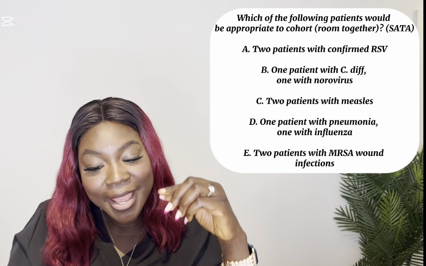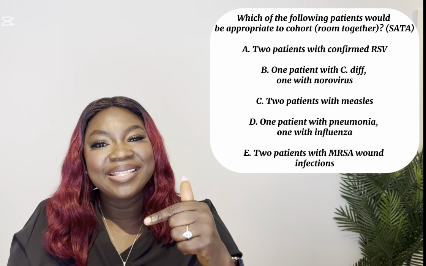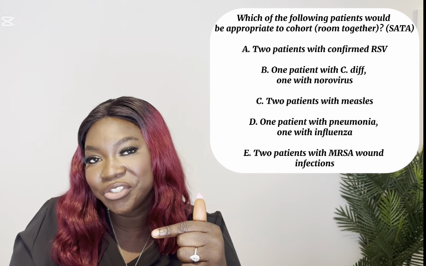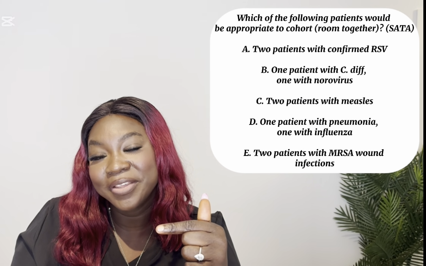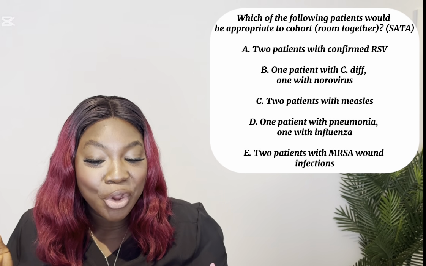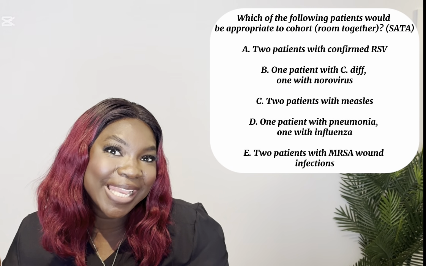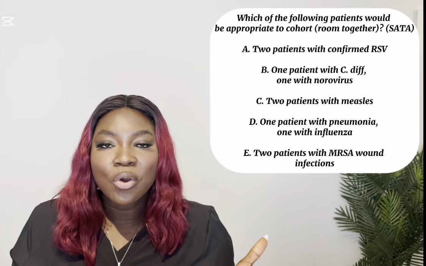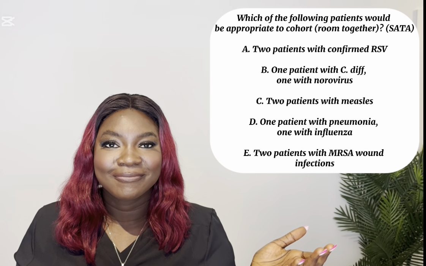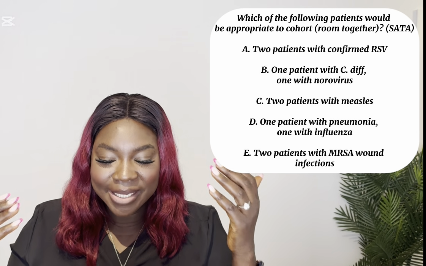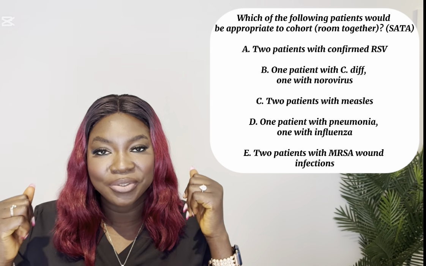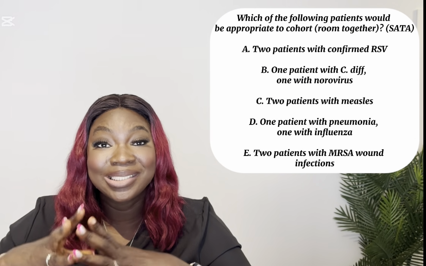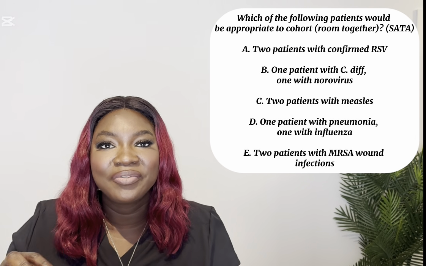Why? Because C. diff is caused by a bacterium, while norovirus, just like it implies, is a viral infection. So why would you put them together? So no, that makes it wrong. They have different pathogens, so even though they are both contact precautions, they have different pathogens.